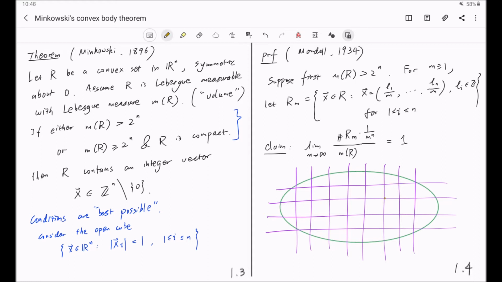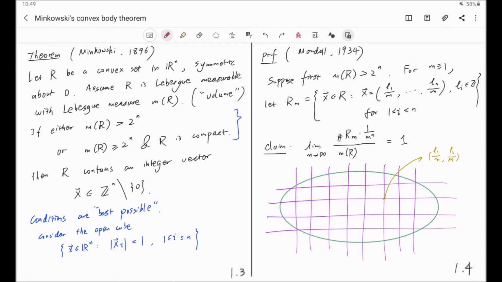Each cross in this grid is a point whose coordinates are some fractions with denominator m. The numerators are L1 and L2. Each small block is a square whose side length is precisely equal to 1 over m. Now, how do you count the number of those points in R? Namely, how do you count the number of points in R sub m?